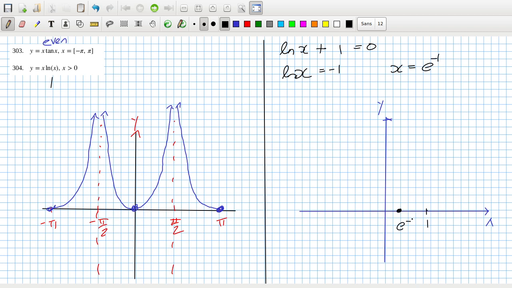If we calculate the second derivative, we get 1 over x. So that's positive, which makes it a minimum. So it's a minimum here. And that's a root. And when x is tending towards 0, x log x will tend towards 0 as well. So it must be going like this, but it's not defined here.